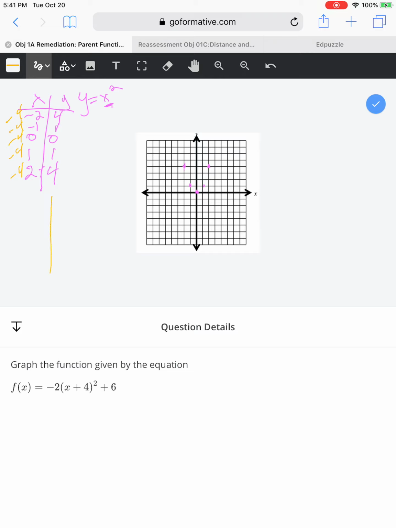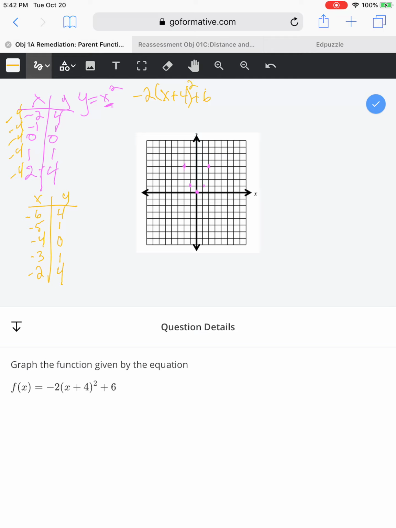So I end up with -2 minus 4 is -6, -1 minus 4 is -5, 0 minus 4 is -4, 1 minus 4 is -3, 2 minus 4 is -2. And I'm just going to keep my y values the same for right now. So that was the first thing, because my function is y equals -2 times (x plus 4) squared plus 6.